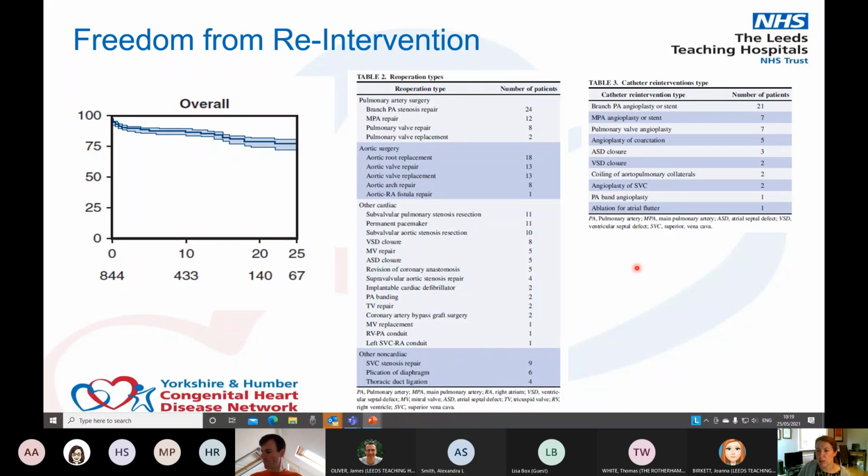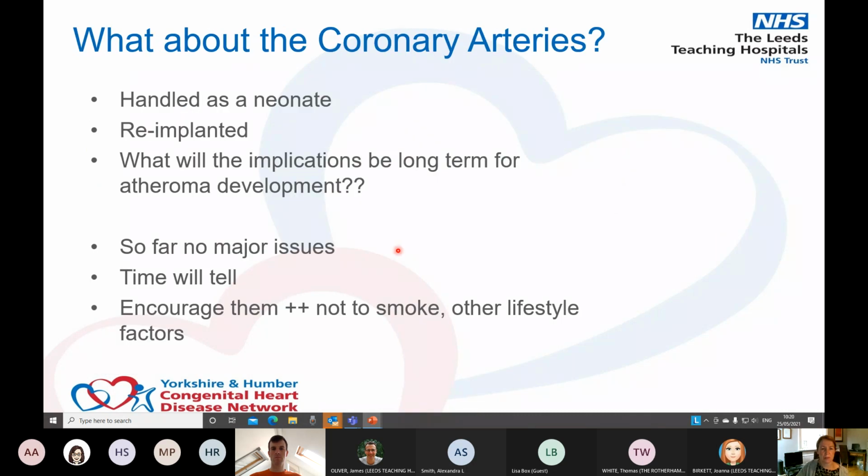So branch pulmonary artery balloons and stenting. This is mostly right-sided intervention, and then a couple of associated defects and other things that have been done in the cath lab. But again, really excellent long-term outcomes in terms of freedom from re-intervention.